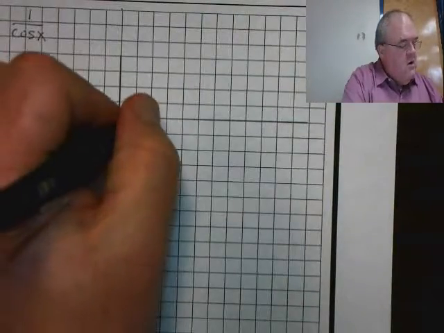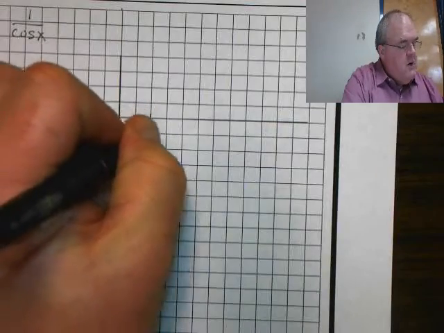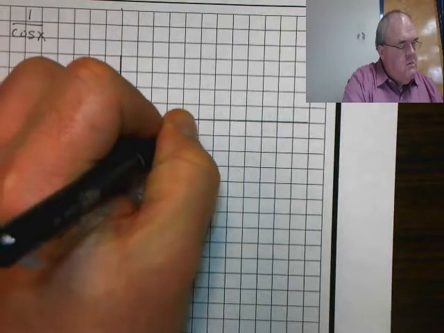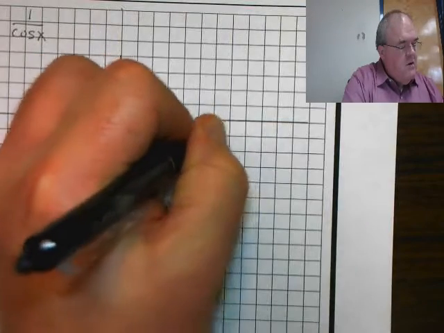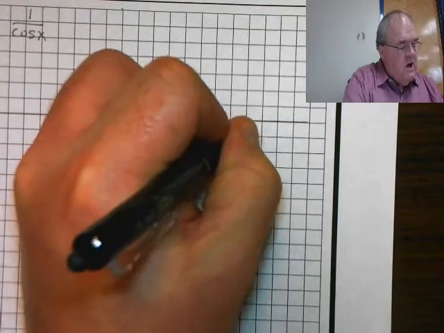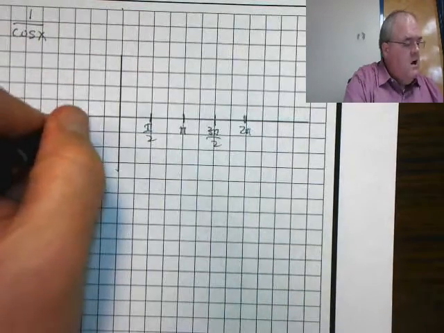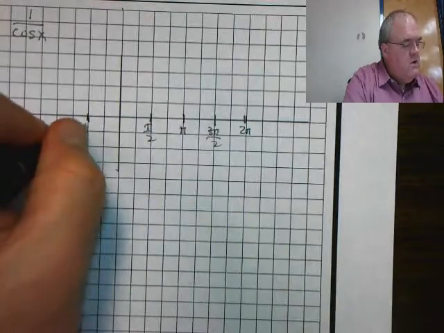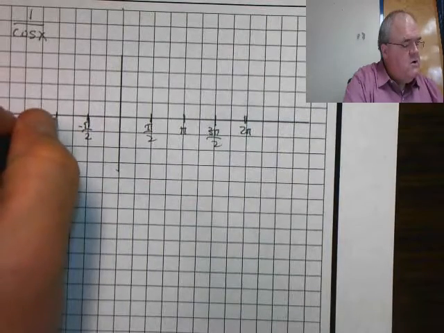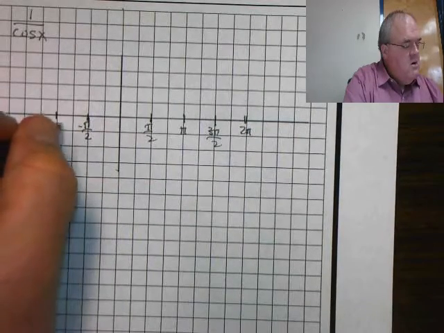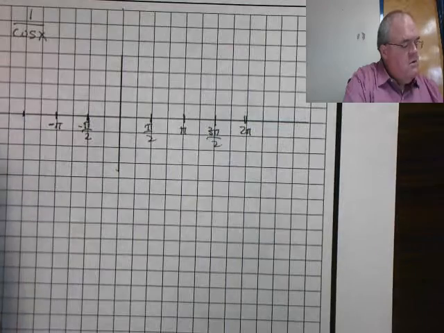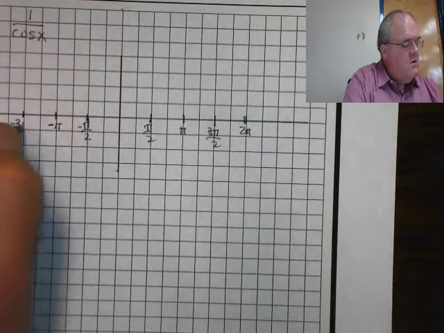And if I go pi over 2, pi, 3 pi over 2, and 2 pi. And everybody, when you are doing two of these, I expect you to label all of your important points.